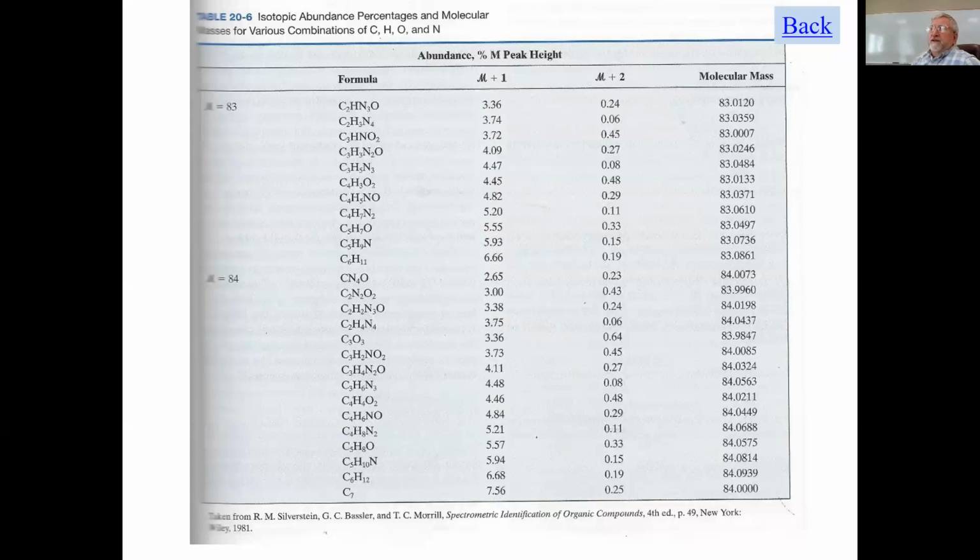So on a quadrupole or ion trap, you might not be able to distinguish between those. They're all going to appear to have the same mass. But if you look at them more accurately, you notice that there are slight differences in the molecular mass of each of these.